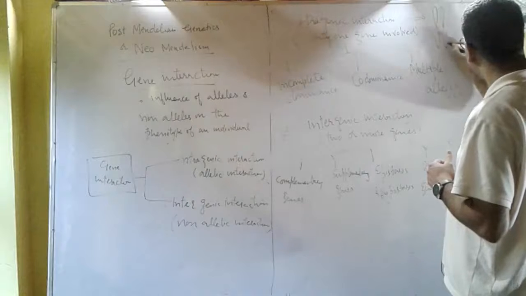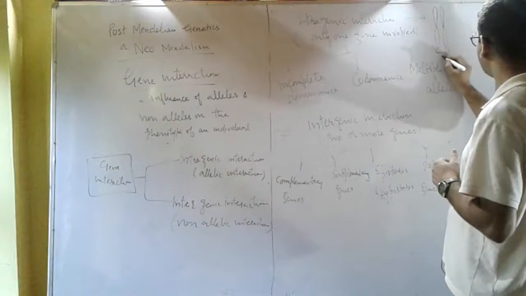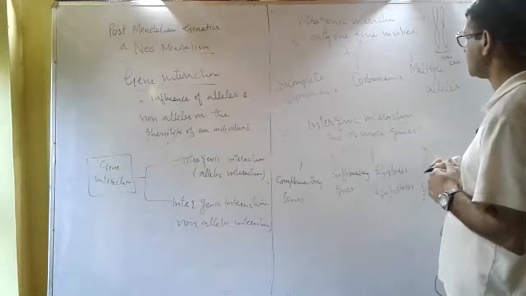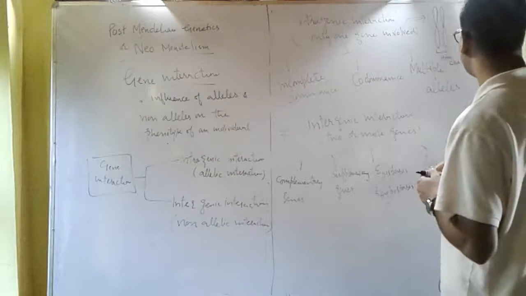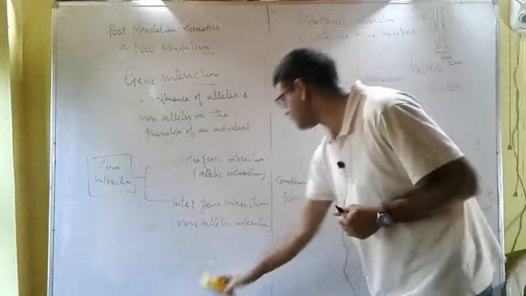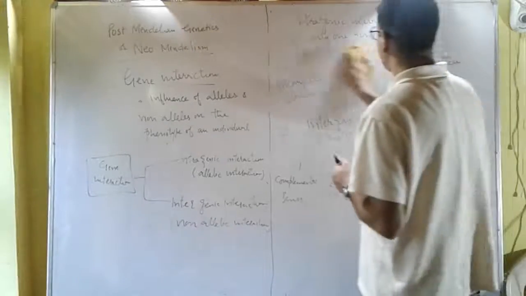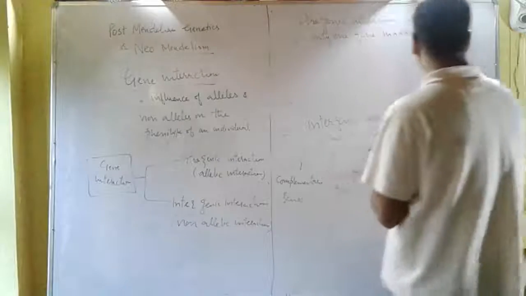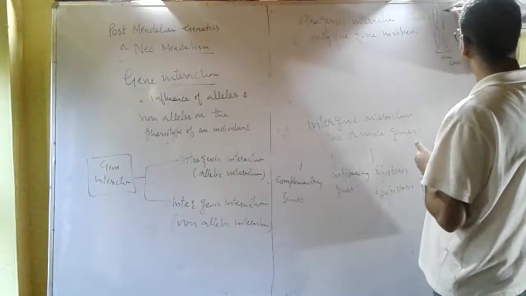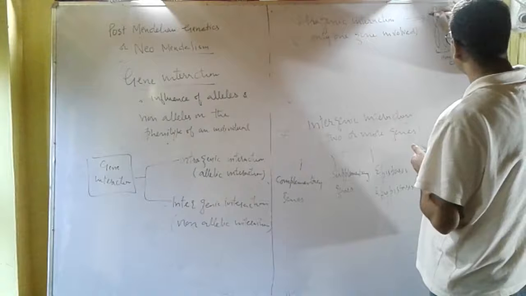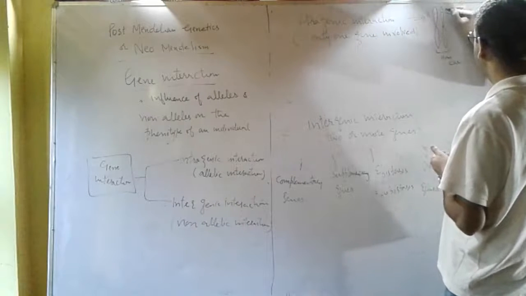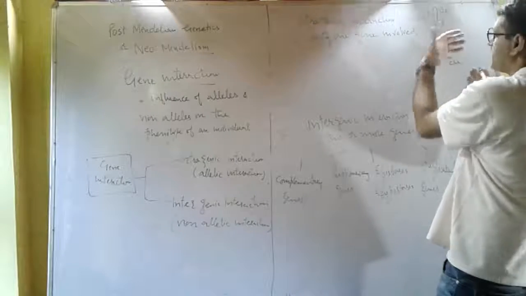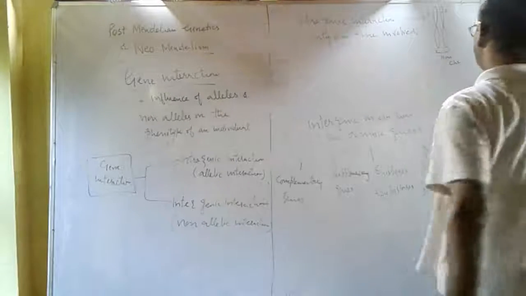This is a homologous chromosome. Intragenic interaction involves, for example, this is one allele, this is another allele. The interaction between these two alleles of the same gene is intragenic interaction.